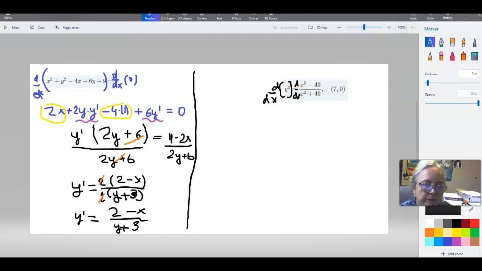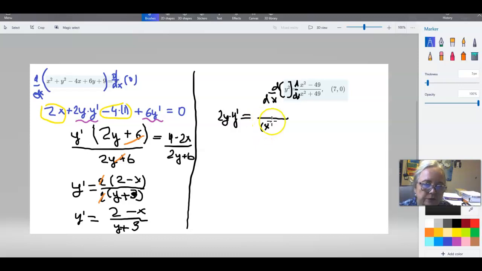So I'm going to continue. What is the derivative of y squared? Y is a function. 2y times y prime. We have to multiply by y prime because y is not a single variable like we have x here, but it is a function of x.